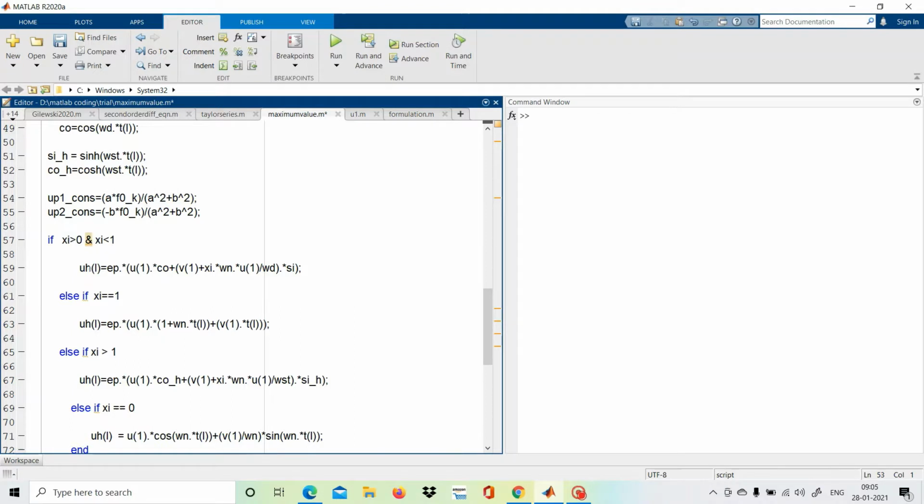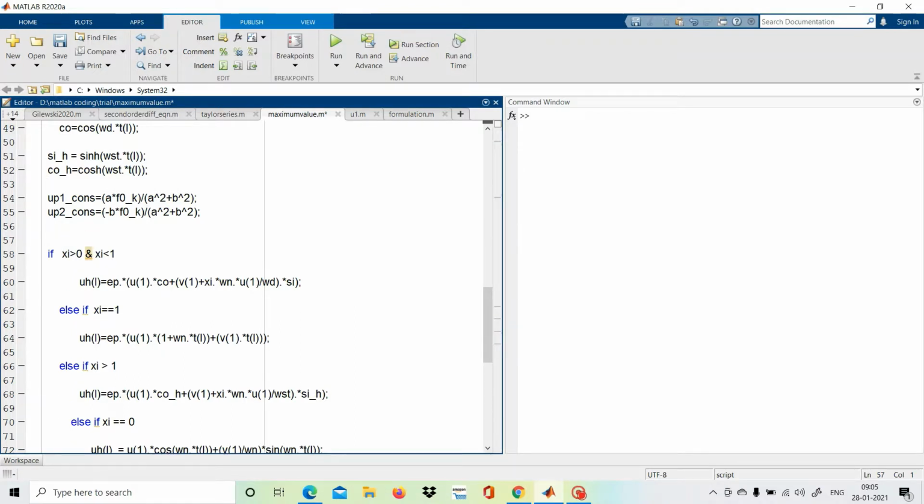So u of, if the case 1 here. What was case 1? Xi is greater than 0 and less than 1, so it is underdamped vibration.